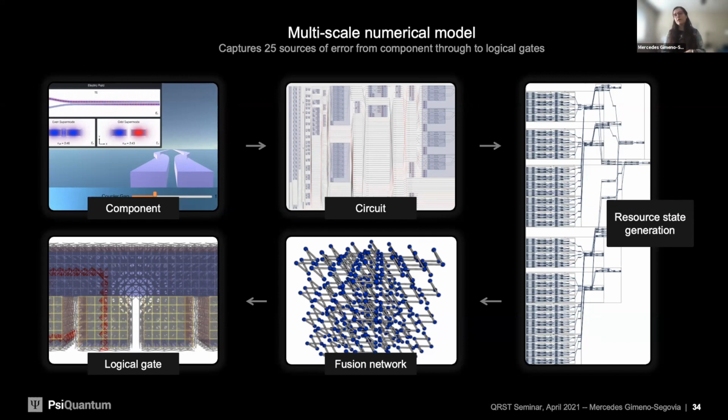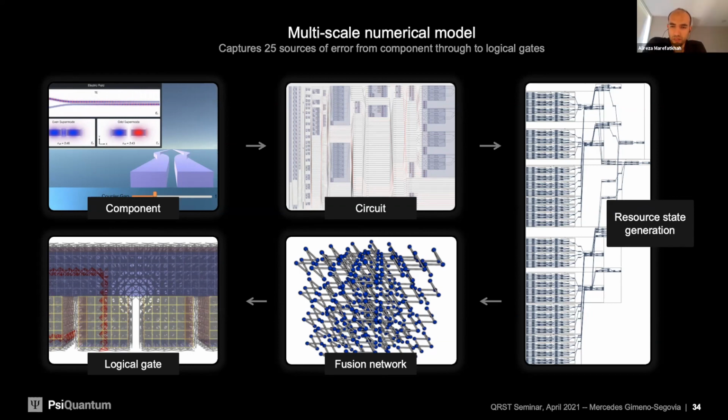Taking into account the logical error rates that we want to achieve, we can trace that all the way down and tell exactly how good my resource states need to be, and estimate the size of the machine that we need and for how long it would be running. For example, time is something that I have not spoken about, which is that there's always a trade-off. I can do more things in parallel or more things in sequence, but there's a trade-off with the timing. That's a whole other study that I've not covered.